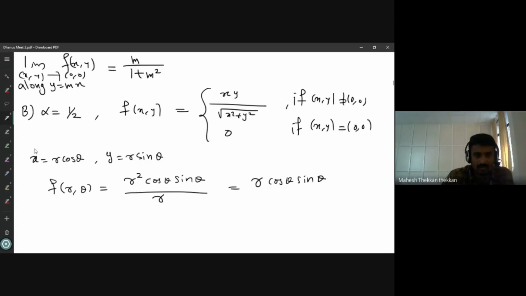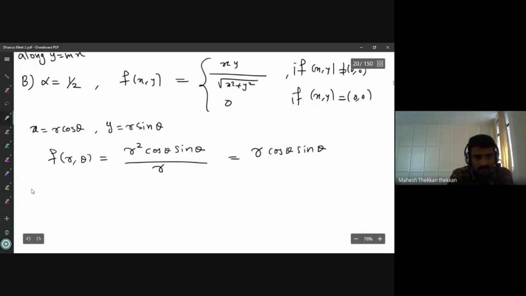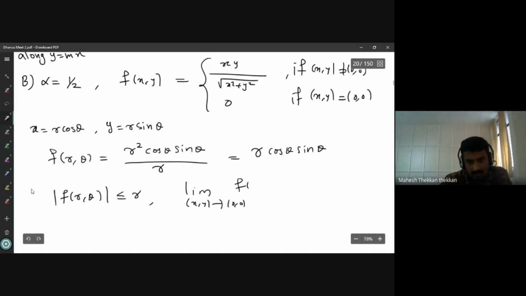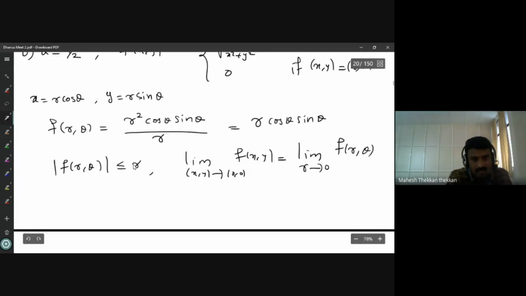Now if you look at the modulus of f of (r, theta), this is always less than or equal to r. We wanted to find the limit as (x, y) tends to (0, 0) of f of (x, y). This is the same as the limit as r tends to 0 of f of (r, theta). As r tends to 0, the right side goes to 0.